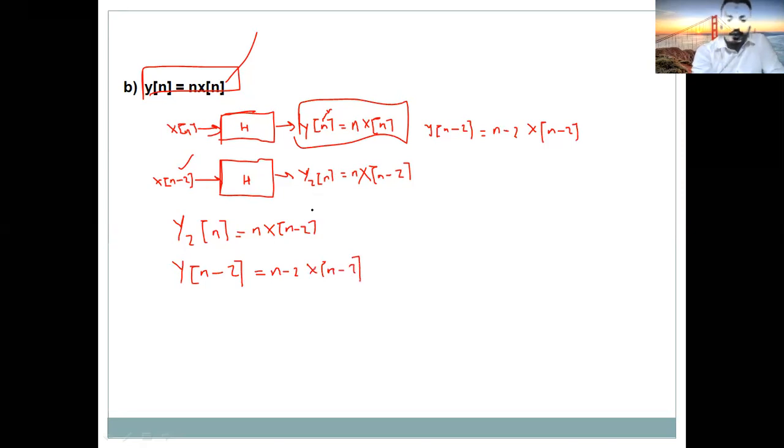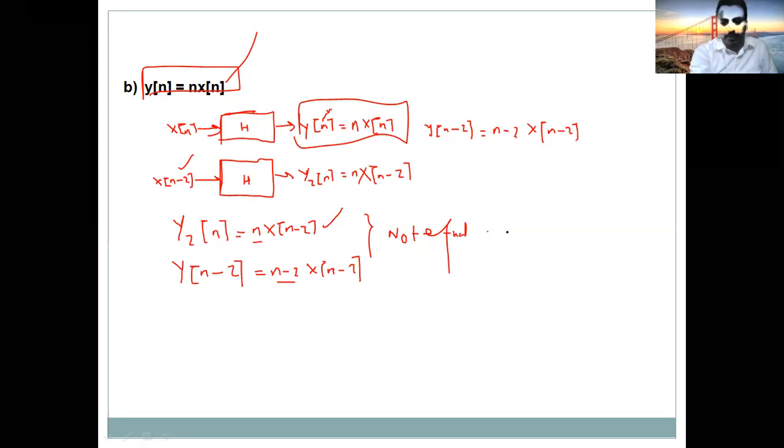Look here. This one is when the shifted input is applied. This one is when you shift the output y of n after applying the input. Are they equal? These two are not equal, because here it is n, here it is n minus 2.